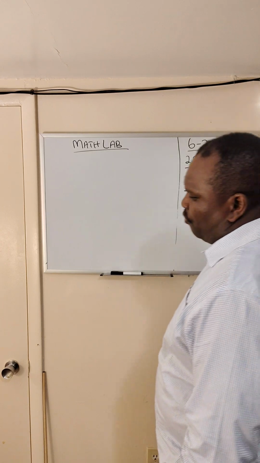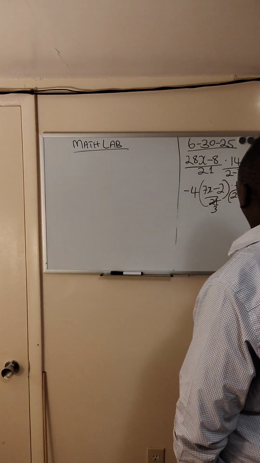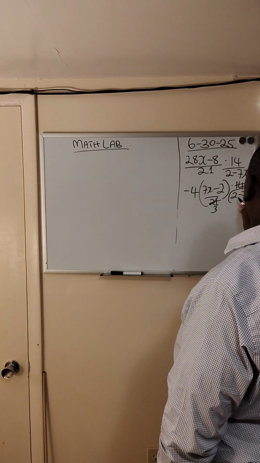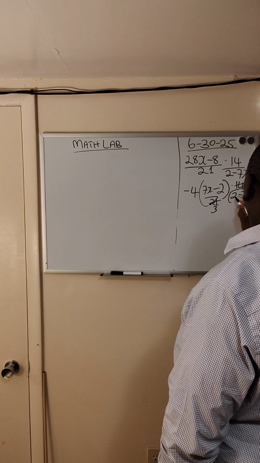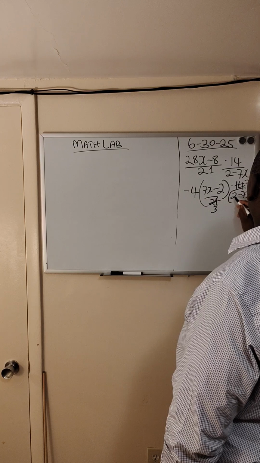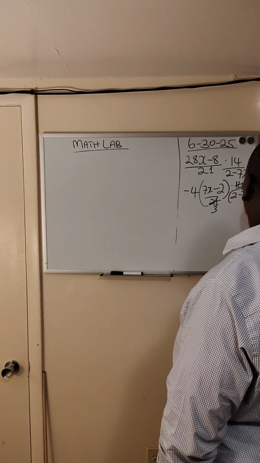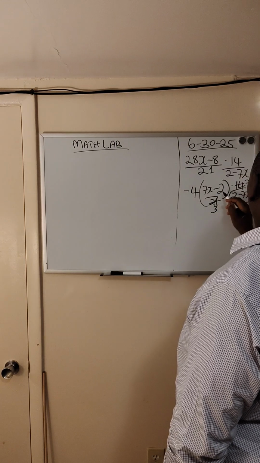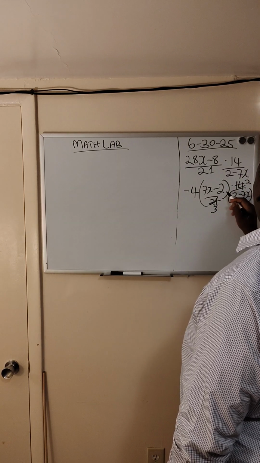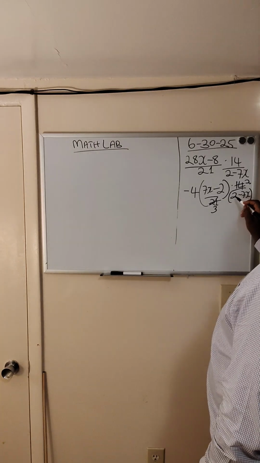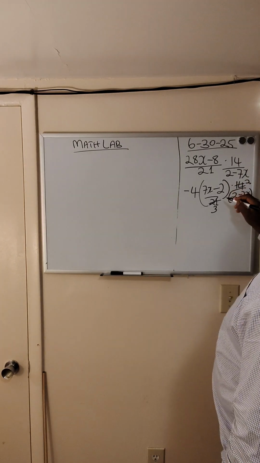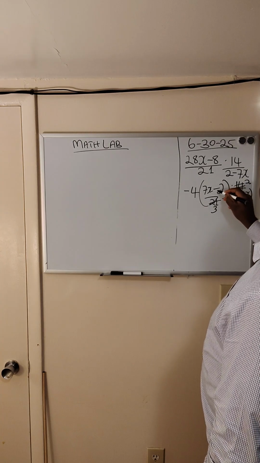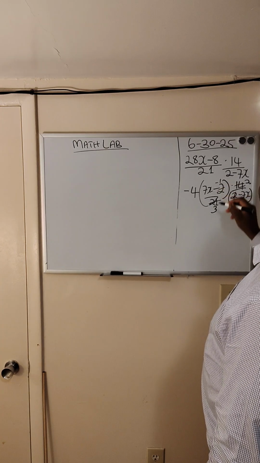So now on the remaining, this one will cancel, because all we have is 2. We have negative 2 right here. So 2 goes here 1, and 2 goes here negative 1.